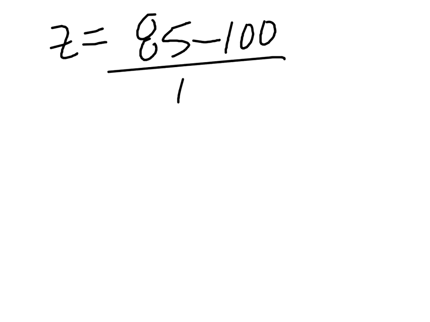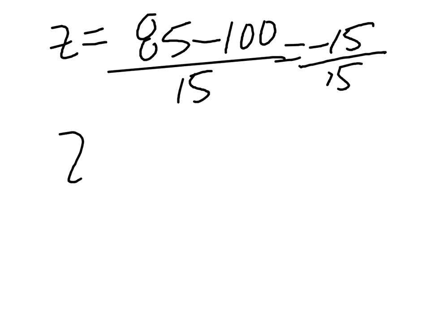And let's do one more of these here. Let's find out what a score of 85 would be. Well, that turns out to give minus 15 over 15, or a z of negative 1.